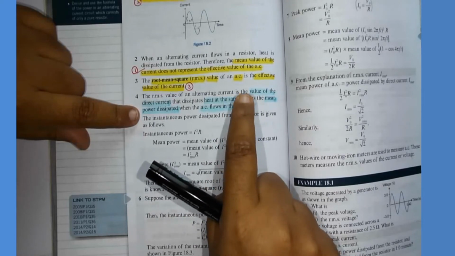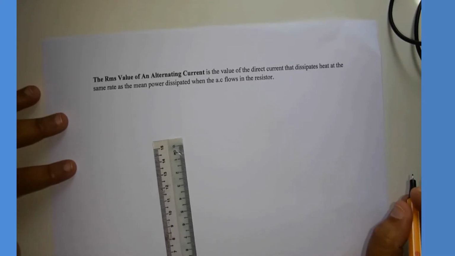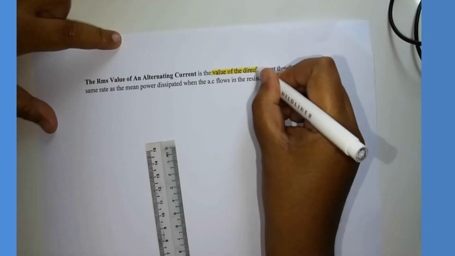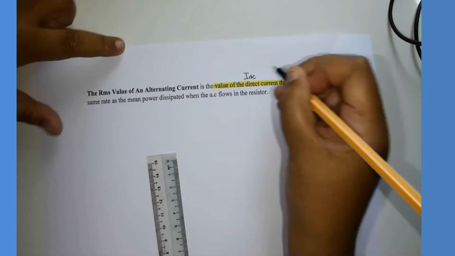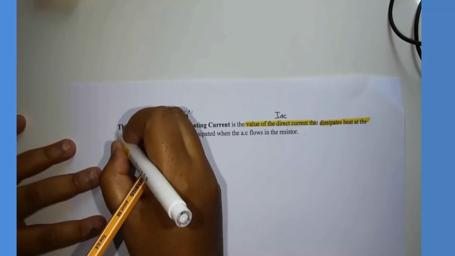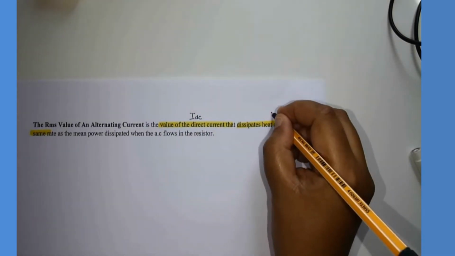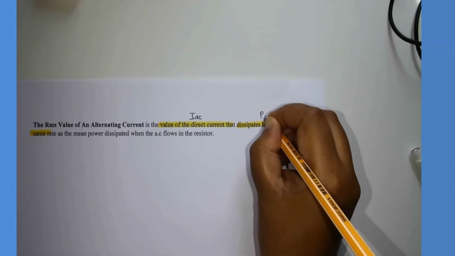So now I'm going to explain this, point number 4. The definition of the RMS value of an alternating current is the value of the direct current, which is IDC, that dissipates heat at the same rate. Now what does it mean, dissipates heat at the same rate? That means E over t, which is power, correct?